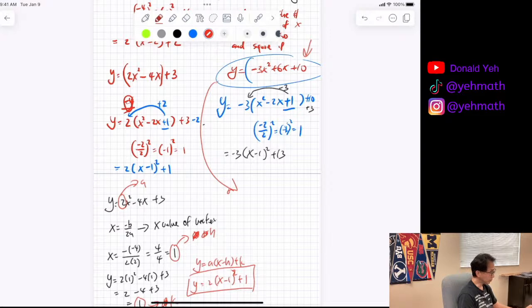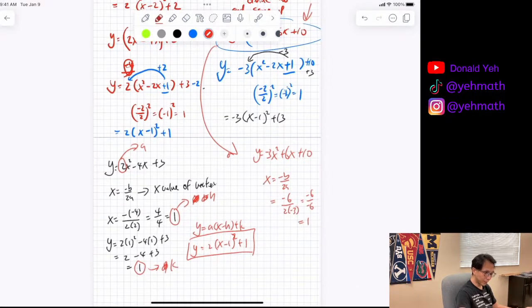You should get the exact same thing. Try it. Negative 3x squared plus 6x plus 10. x equals negative b over 2a, which is negative 6 over 2 times negative 3, which is what? 1. Same thing.